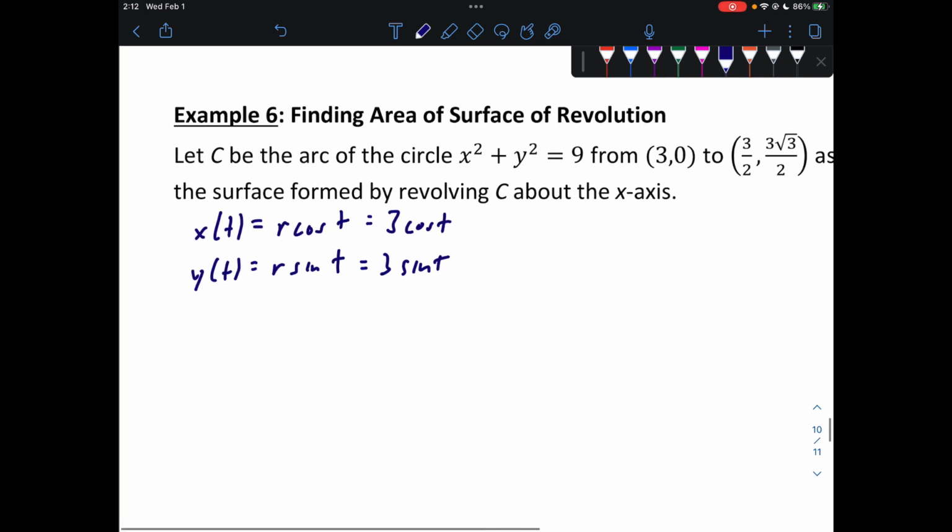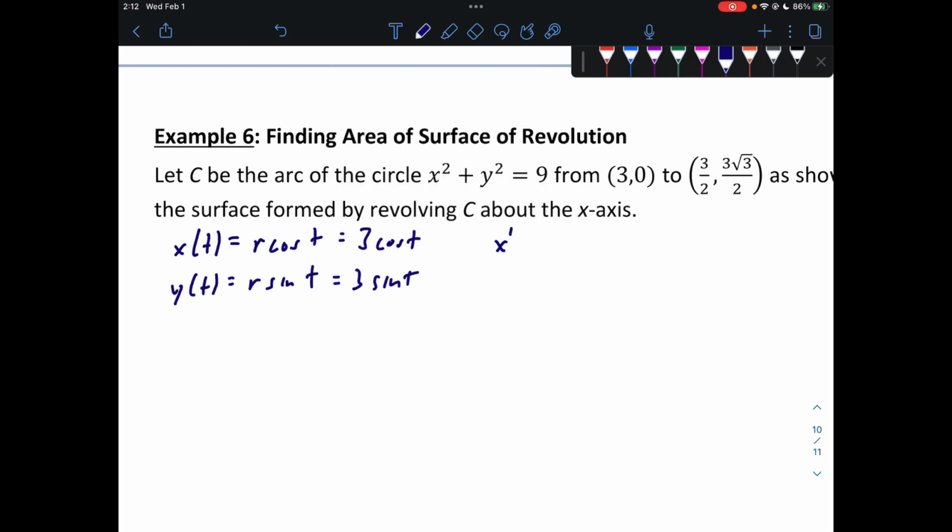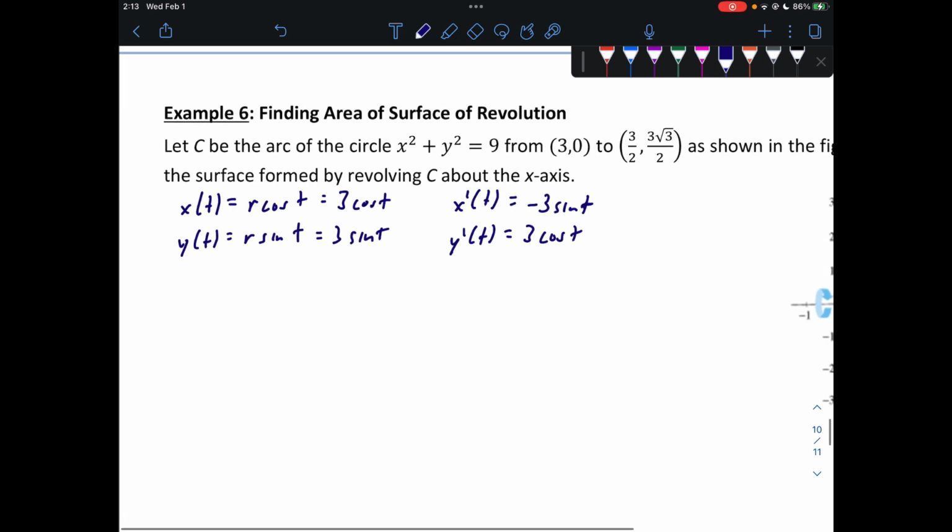So therefore, x prime, so remember we need the derivatives here, would be negative 3 sine t, and y prime would be positive 3 cosine t. Okay? To find the boundaries, we can set either the x's or the y's equal to our equations. It doesn't matter. I'm going to do the x's.